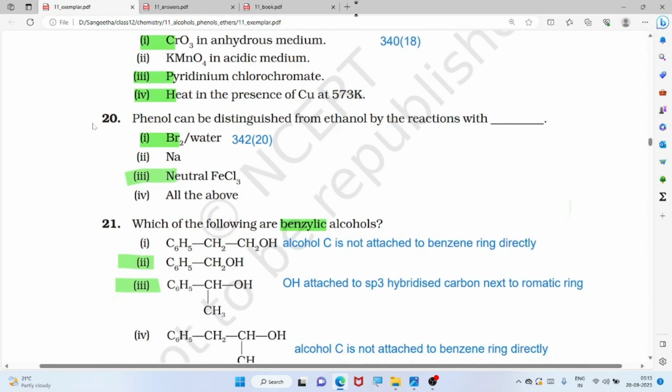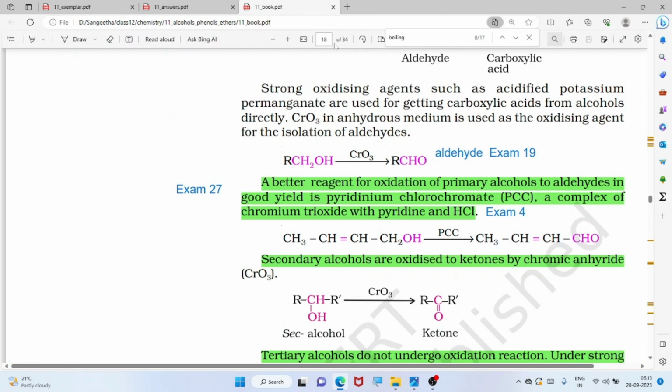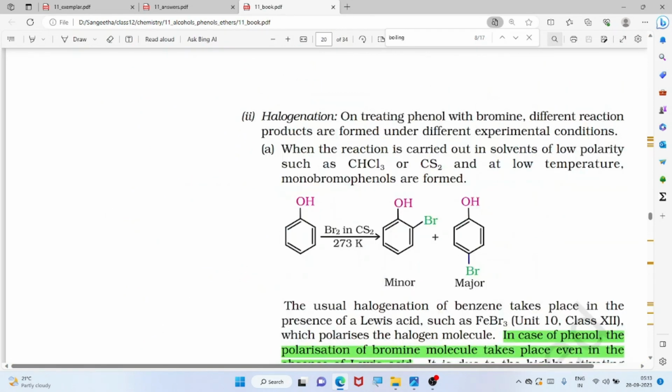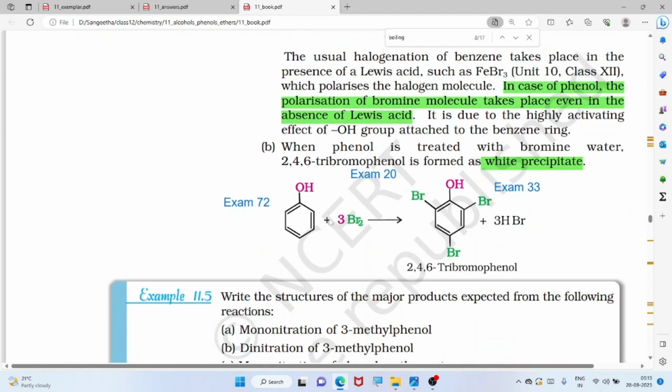Phenol can be distinguished from ethanol by the reaction with bromine water. Ethanol, alkyl and aryl alcohols. Bromination, know this. Phenol will form the white precipitate.